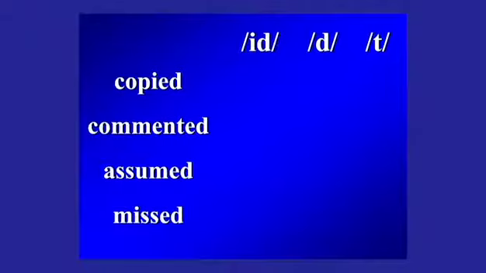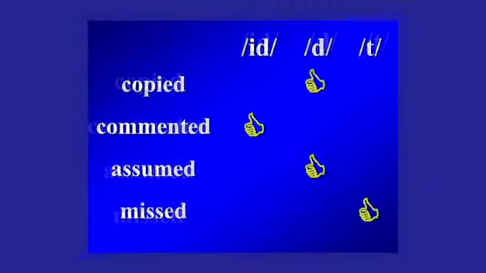Are you ready to check your answers? Well, here is the answer. Copied, commented, assumed, missed. So, if you were able to do the activity correctly, you have understood this part, okay?